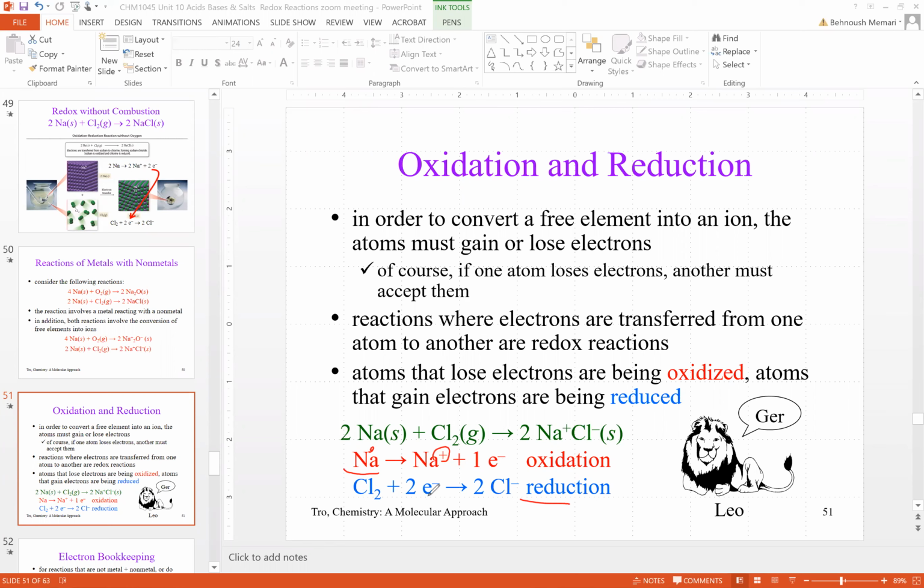Chlorine is gaining electrons. The oxidation number for chlorine in the free state, as a gas, is 0, and after gaining an electron it is going to be -1. So the oxidation number is going to be lowered. So LEO: loss of electrons is oxidation, and gain of electrons is reduction.